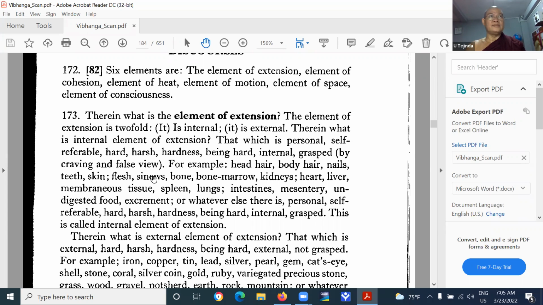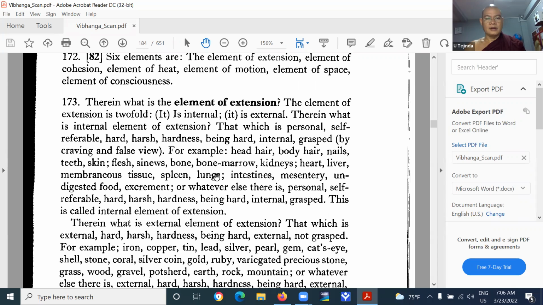The way we translate upadinnam is phenomena grasped by craving and wrong view. Grasped by craving and wrong view especially refers to kammaja rupa only. But the Atthakatha will explain there. No, not only kammaja rupa, but any other rupa which is internal in the body. For example, here, what is the internal earth element?